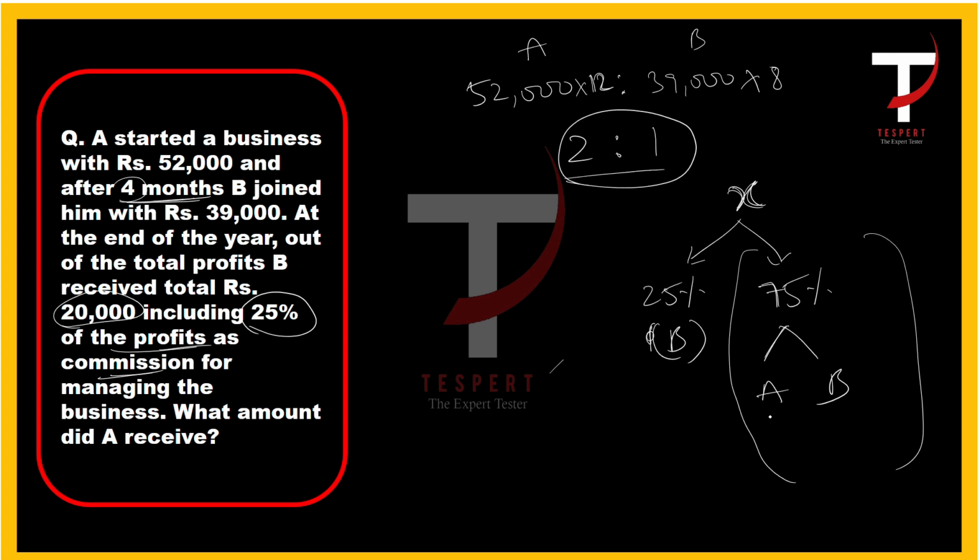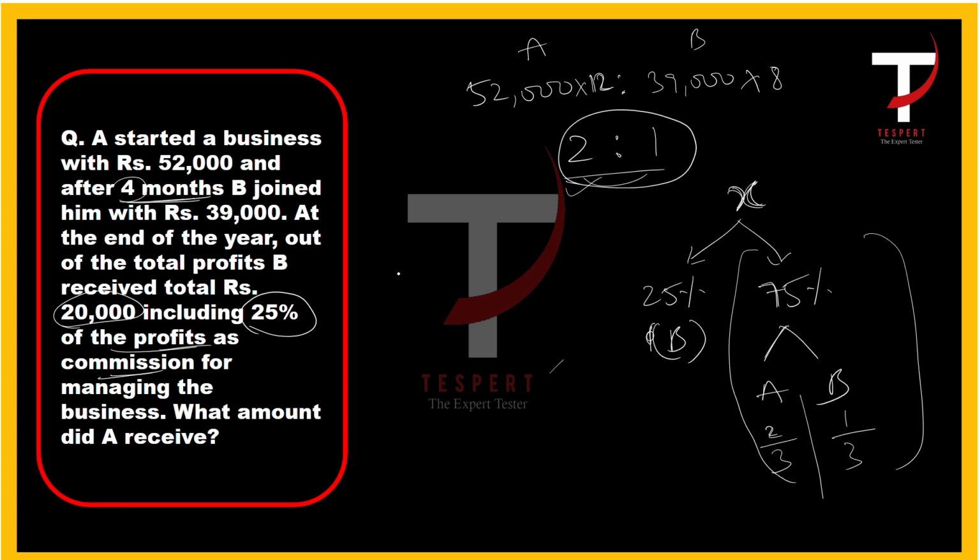So 2:1 means what is A's share? 2 by total parts, 2 plus 1, which is 3. What is the share of B? Part of B is 1 by total parts, 2 plus 1, which is 3, right? So we will calculate what amount B received.